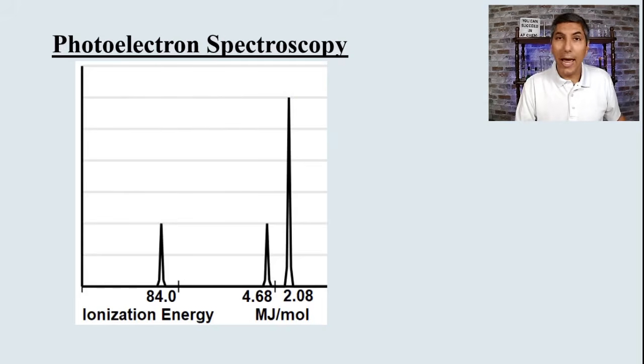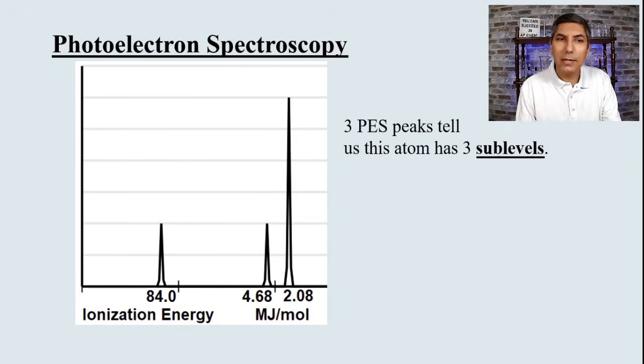Now, that atom that we saw in the other picture had only 2 electron shells. But here we see that the photoelectron spectroscopy graph gives us 3 peaks. Well, the fact that there are 3 peaks here in our photoelectron spectroscopy graph, or PES graph, tells us that this atom has 3 what we call sublevels.